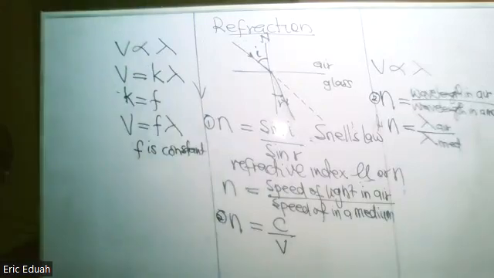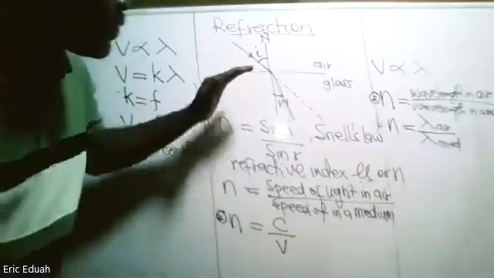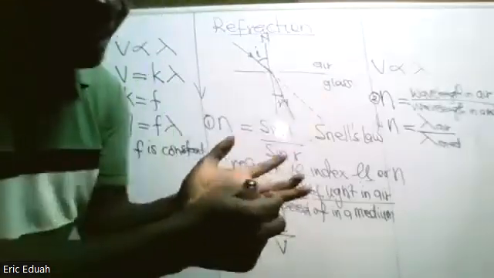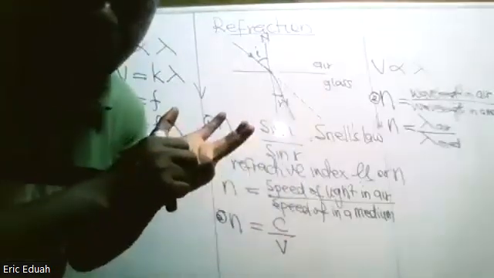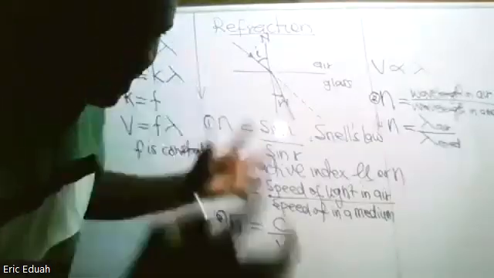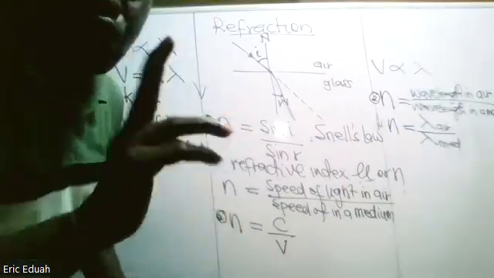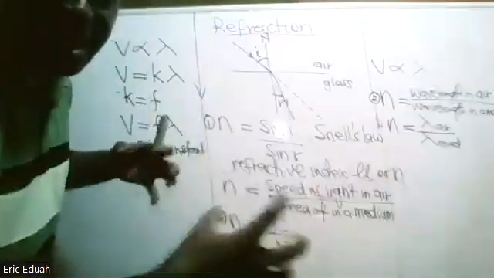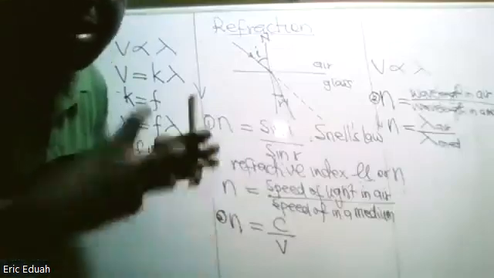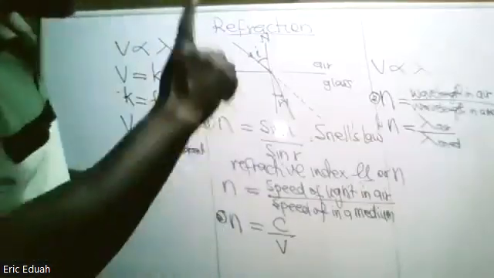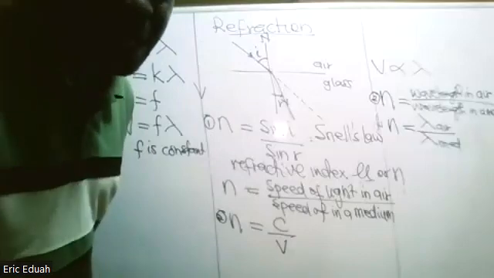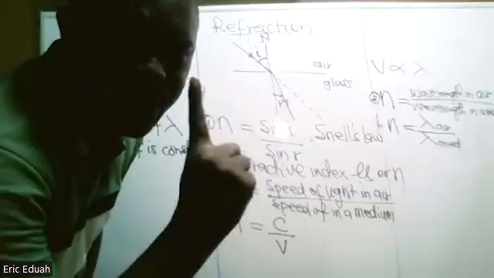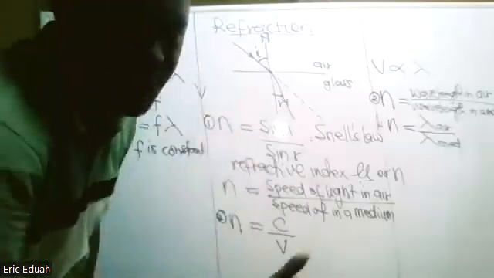So whenever light travels from one medium into another, its velocity would change. And please, on condition that the two media always have different densities; their densities must not be the same. If the densities of the two media are the same, we describe the material as homogeneous.